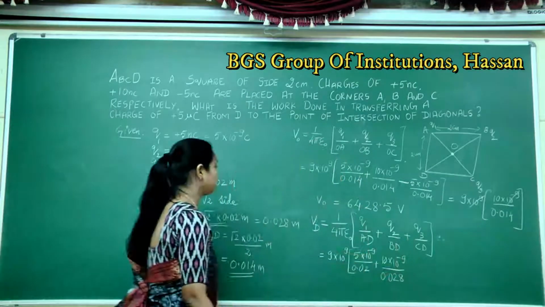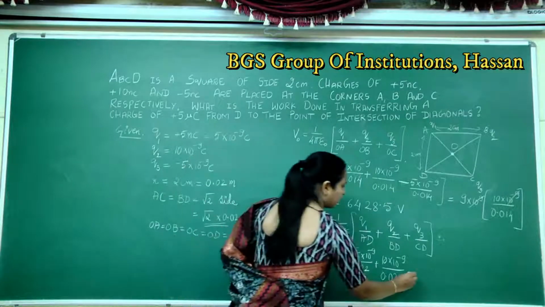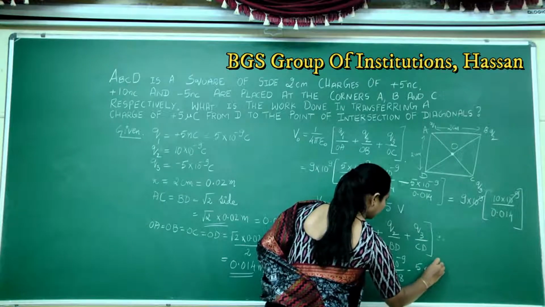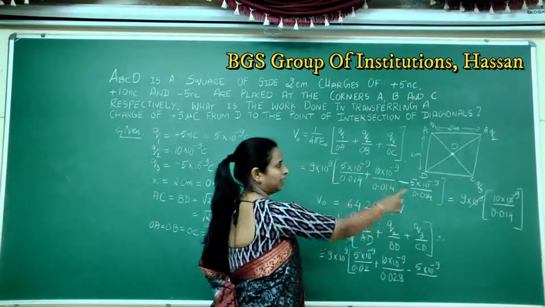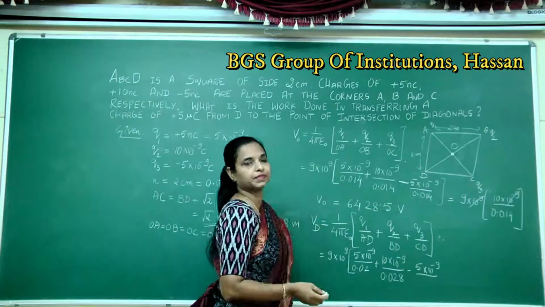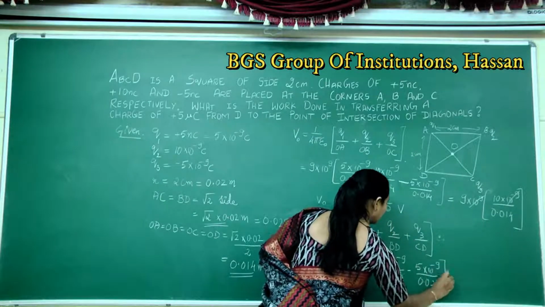Plus is there, but we have a negative charge, so plus of minus is minus 5 into 10 power minus 9 divided by the distance CD, which is again the side of the square, and it is 0.02.